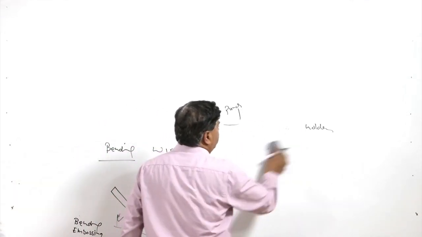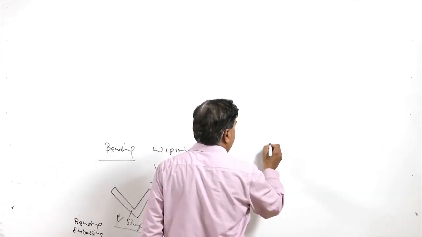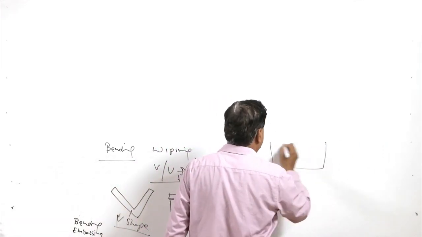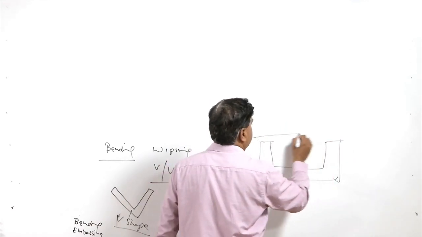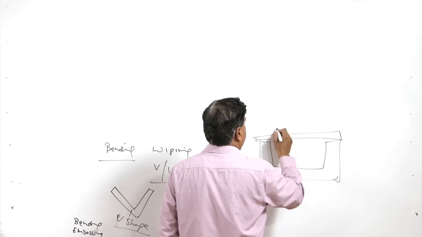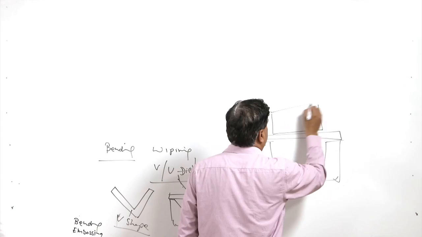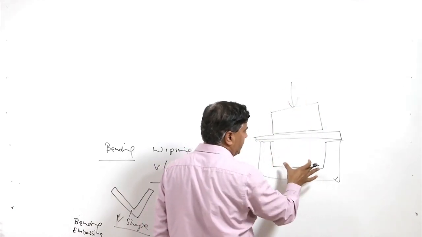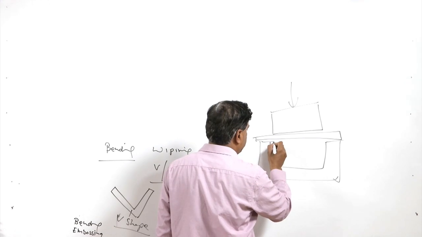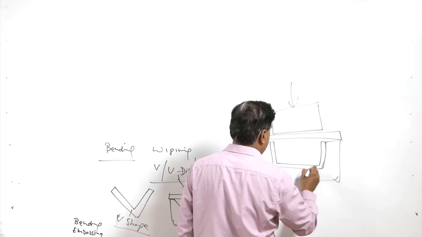And similarly, the U shape die like this is used, and the sheet metal is placed over it in this manner, and then the punch will come, and when the punch acts on the sheet metal through the die, the sheet metal takes the U shape in this manner.